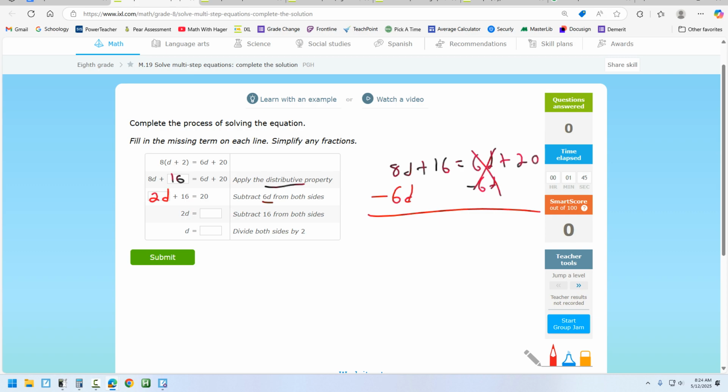Now in the next step they say subtract 16 from both sides. Let's just do it right here. If you subtract 16 on the left, that's gone. What's 20 minus 16? 4. So you put a 4 in that box. And now it says to divide both sides by 2. Yep. So that's just kind of a basic review on solving multi-step equations.